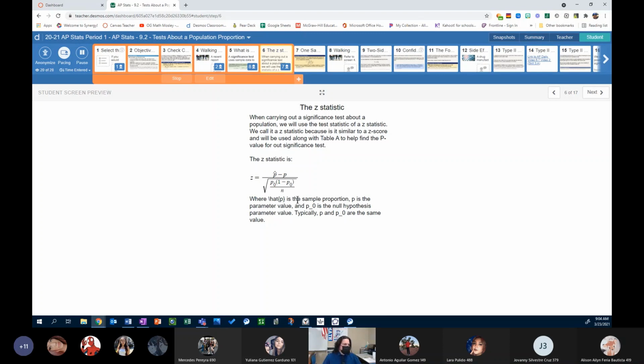Here p hat is the sample proportion, p is the parameter value, and p naught is the null hypothesis parameter value. Typically, p and p naught are the same value. So in this formula, we have p hat minus p, and then p naught times 1 minus p naught underneath the division symbol and the square root sign. Those are typically all just going to be the same value from our null hypothesis.